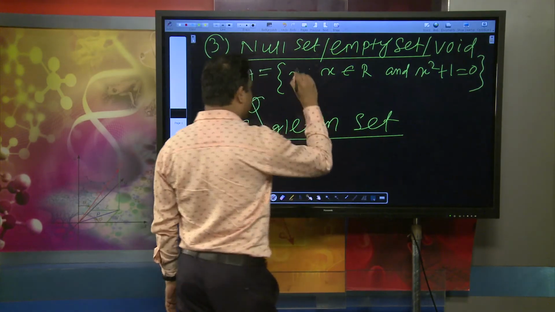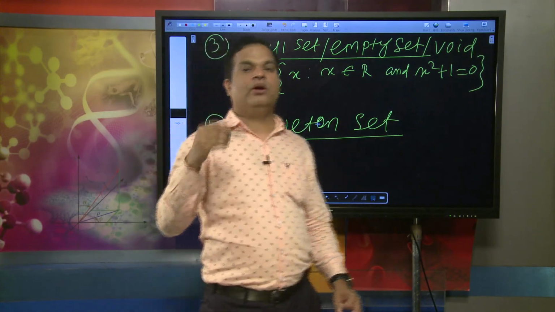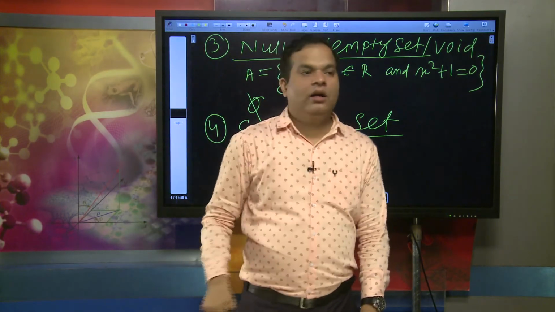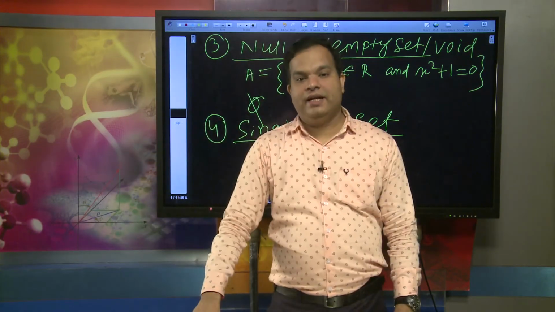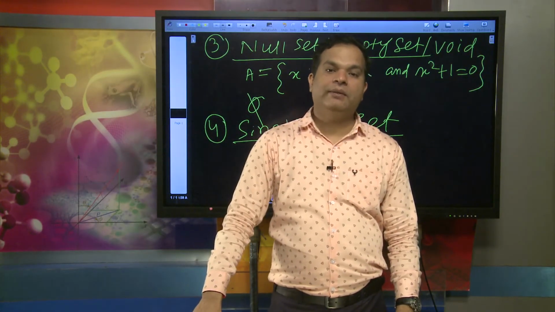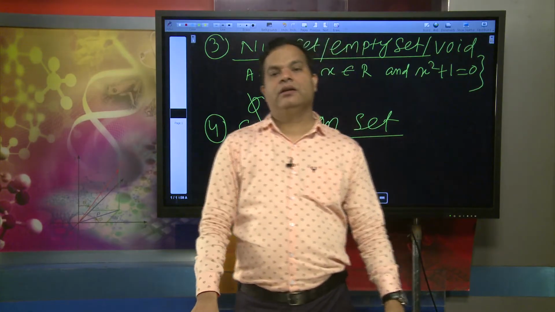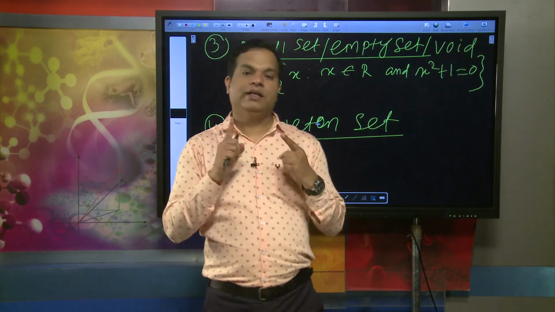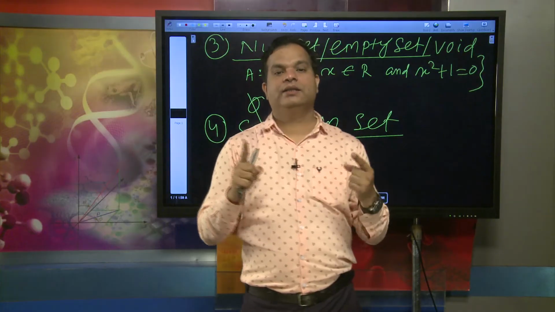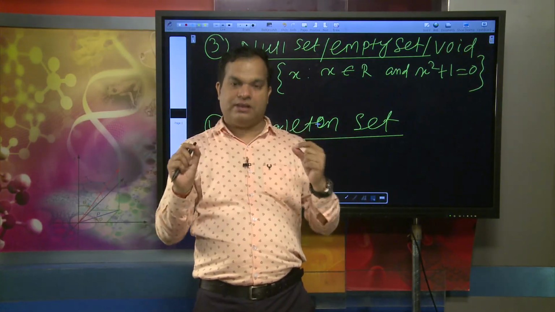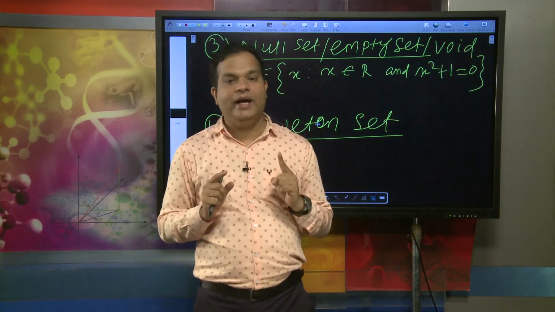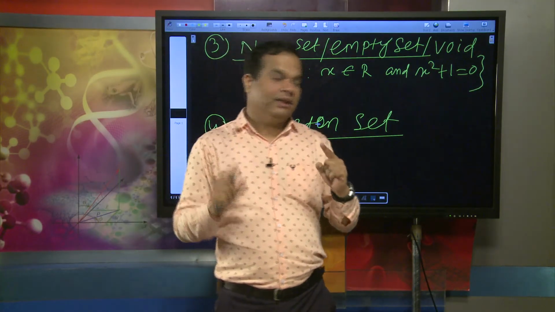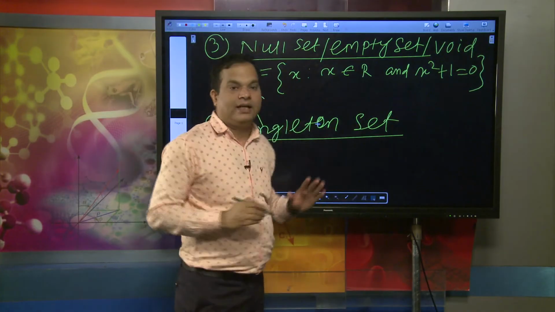When talking about a singleton set, the number of elements is 1. For example, form a set by taking the lady prime ministers in India. Till now you will find only one, Mrs. Indira Gandhi. So only one element, and this is known as a singleton set.